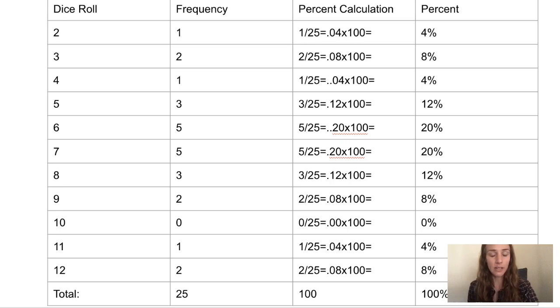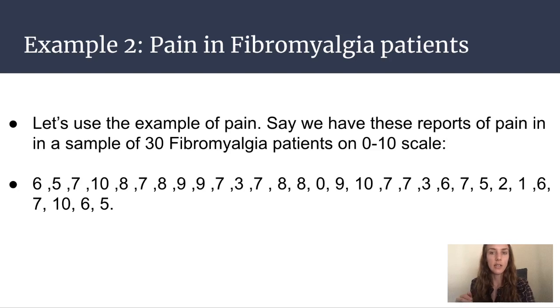So let's go ahead and try another example, using pain ratings and fibromyalgia. We talked a little bit about pain when we talked about types of data. Pain is difficult to assess, but it is useful to assess in a number of disorders, something like fibromyalgia where we have nerve pain.